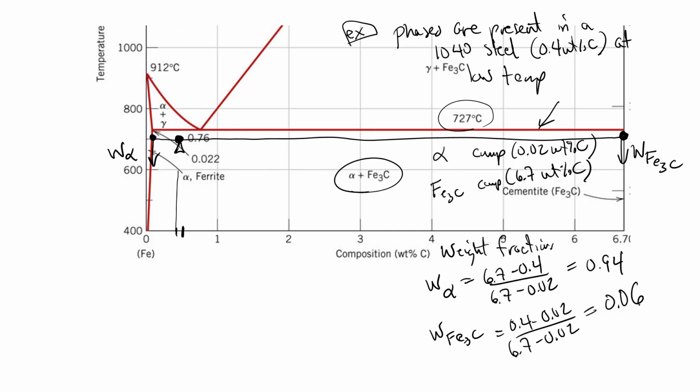But what we want to talk about next is, what is the microstructure going to look like? Well, this is similar to what we saw with the lead tin phase diagram at the beginning of this lecture.